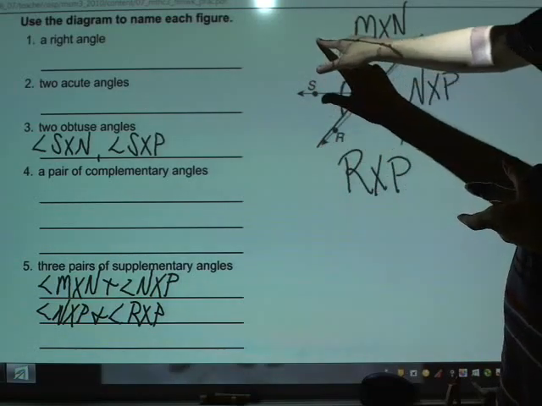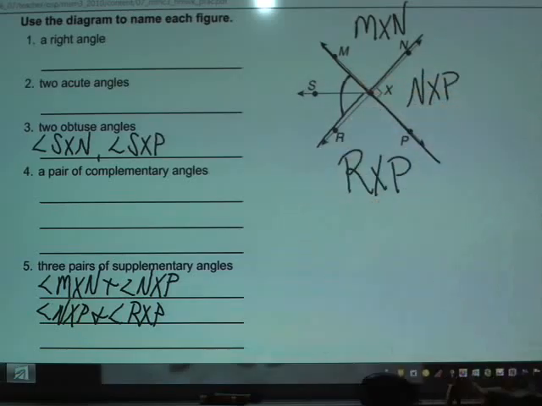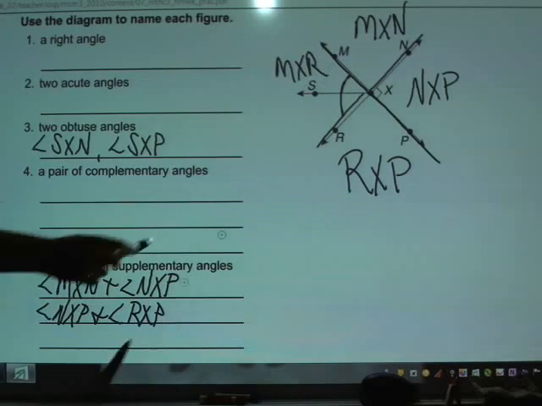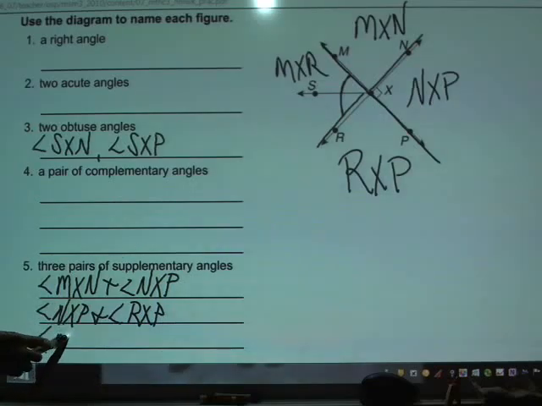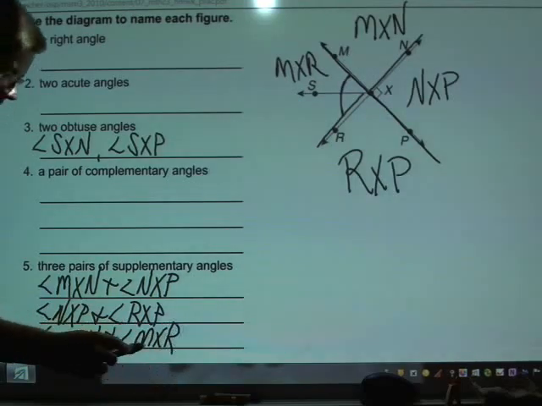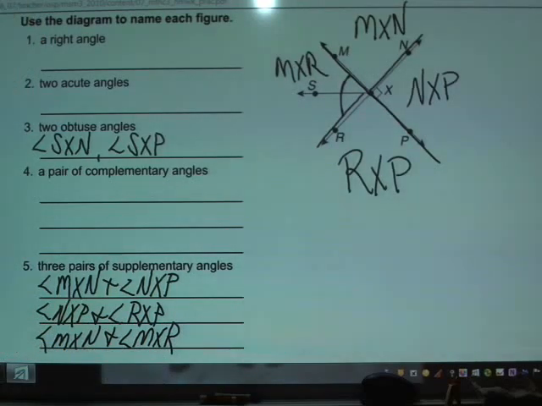So RXM makes the L or MXR makes the L. It doesn't really matter which way you call it. Let's call it MXR. So angle MXN and angle MXR is my concluding set of supplementary angles.